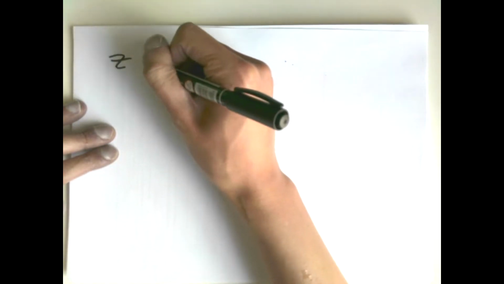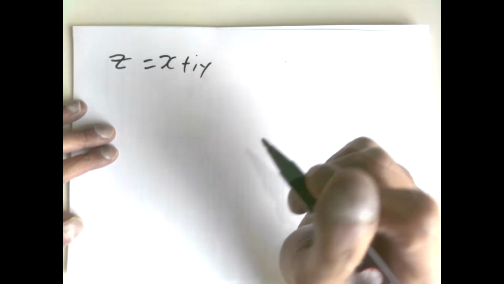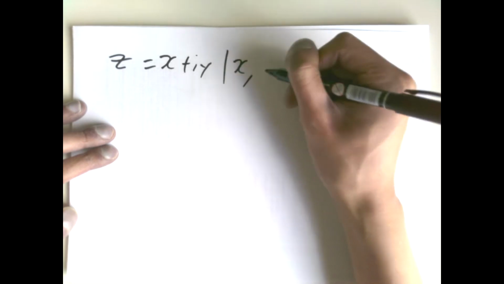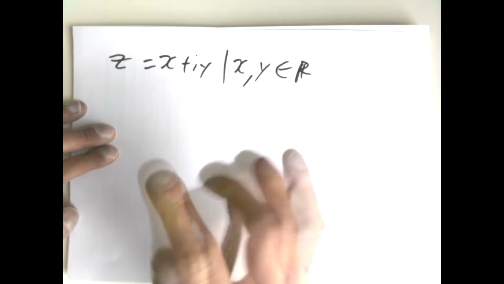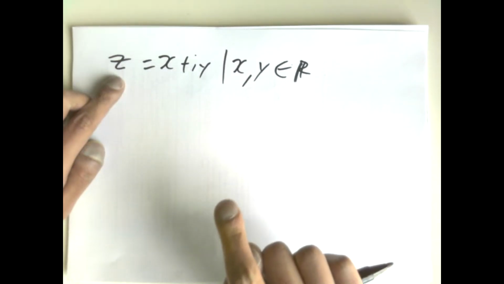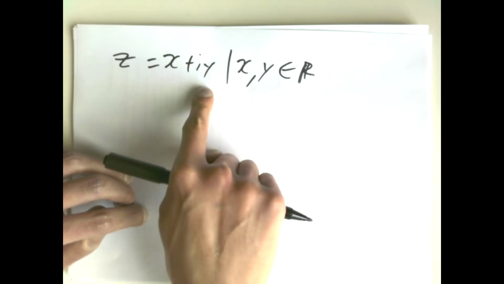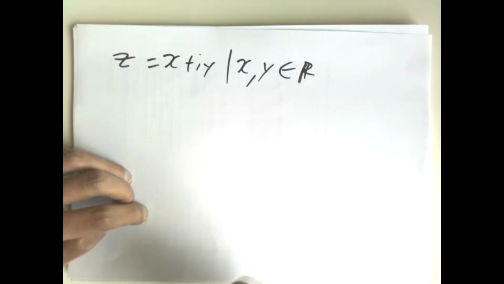In complex numbers, we normally write a complex number z as z equal to x plus i y, where x and y are themselves real numbers. So for every complex number, there's going to be a real part and an imaginary part.